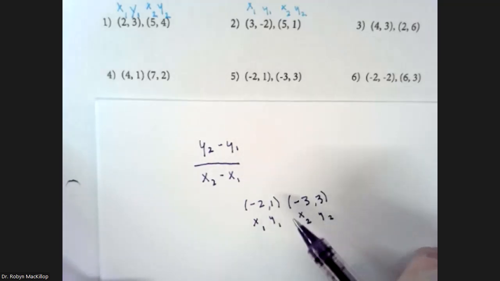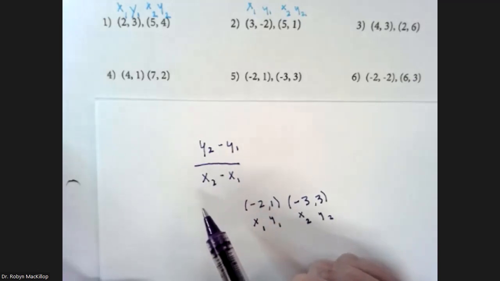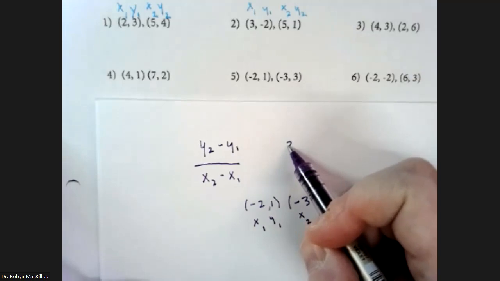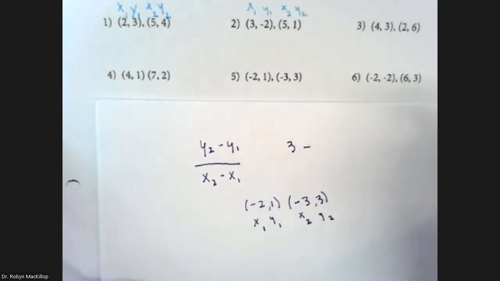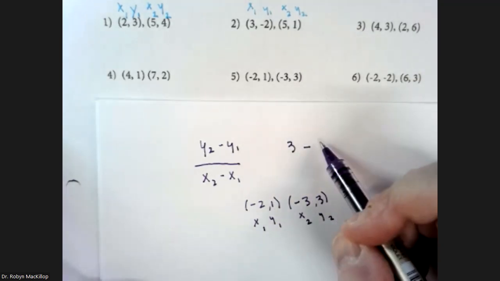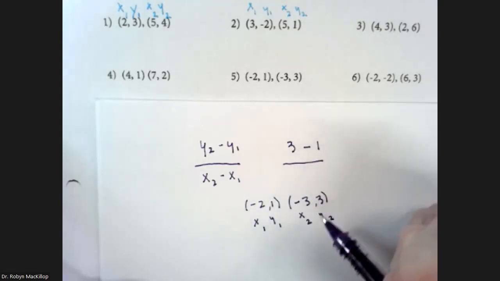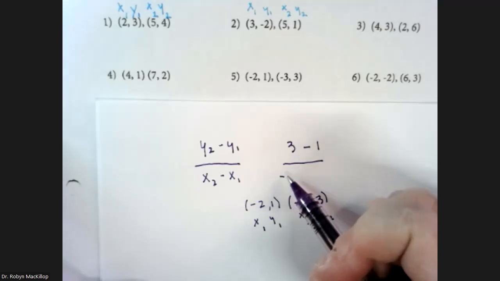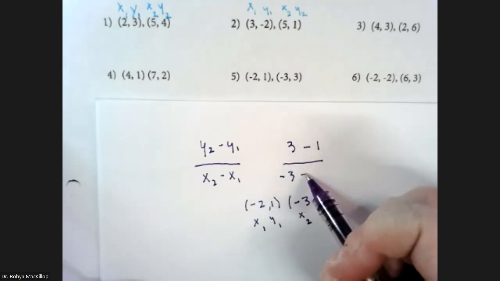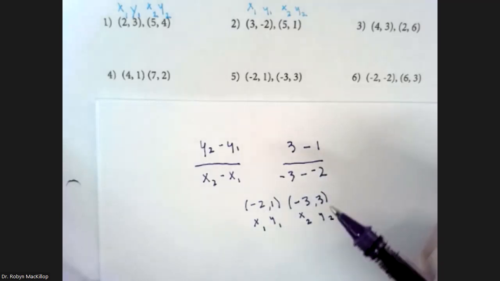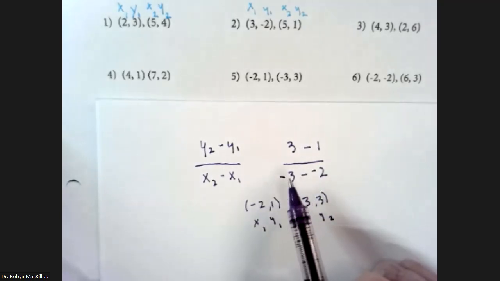And then we're just going to plug these numbers into the formula. So Y2 is 3, minus Y1 is 1, over X2 is -3, minus X1 is -2. So we're done with the formula because we filled it in.